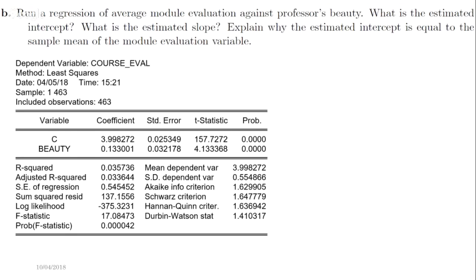Because there are a lot of other factors that are not taken into account here, and since we do not include them, this variable beauty might be capturing the effect of other variables which are relevant: teaching quality, course quality, feedback, things like that. Things that you actually find important for a course. So since we have excluded all that, we put only one, this might be capturing the effects of others. That's why it becomes significant.